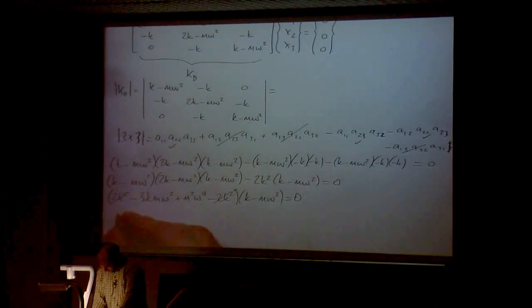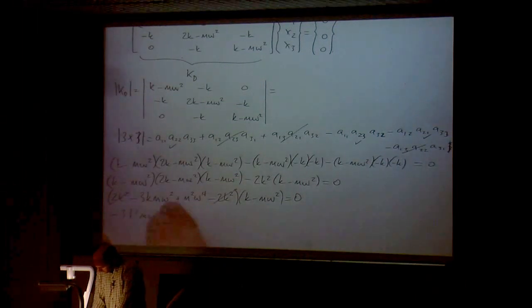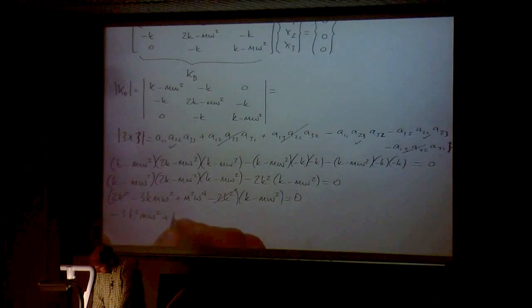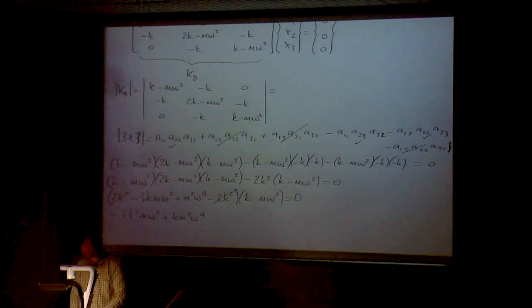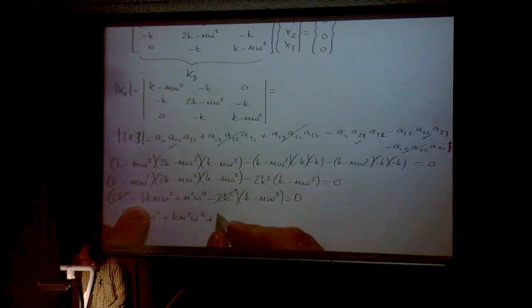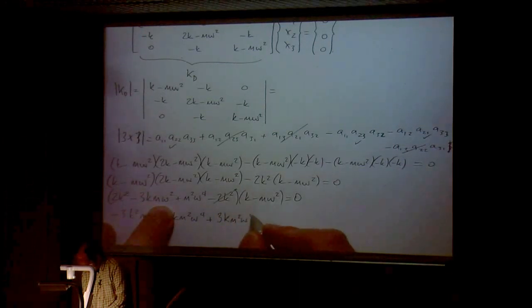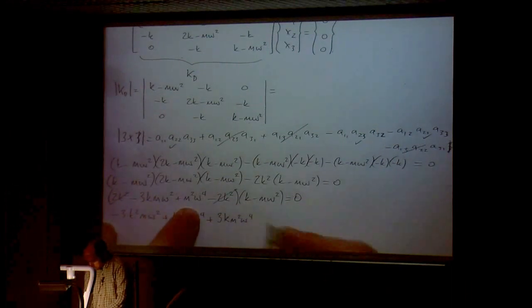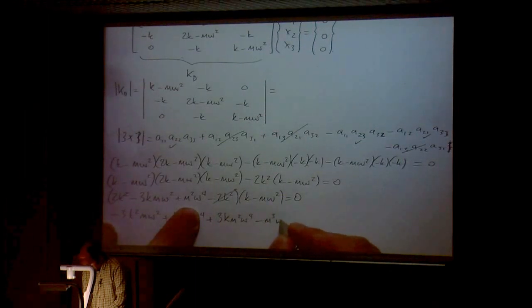So multiplying these last two terms out, we've got minus 3k squared omega squared. That's that times k, plus k m squared omega to the power 4, plus 3k m squared omega to the power 4, minus m cubed omega to the power of 6.